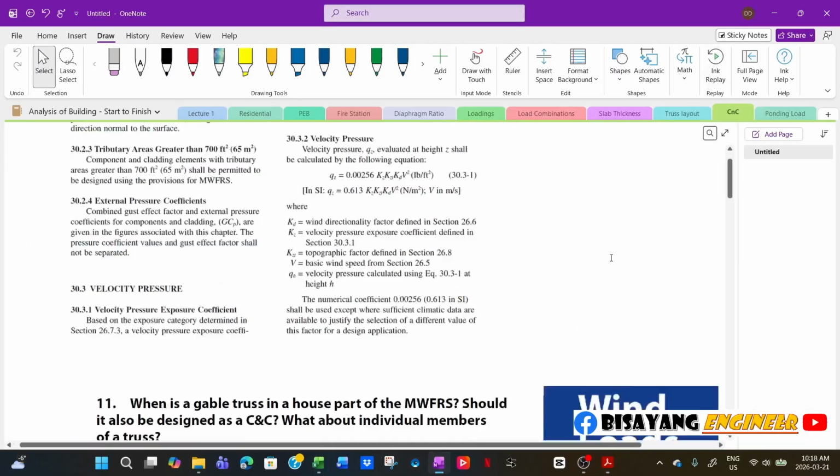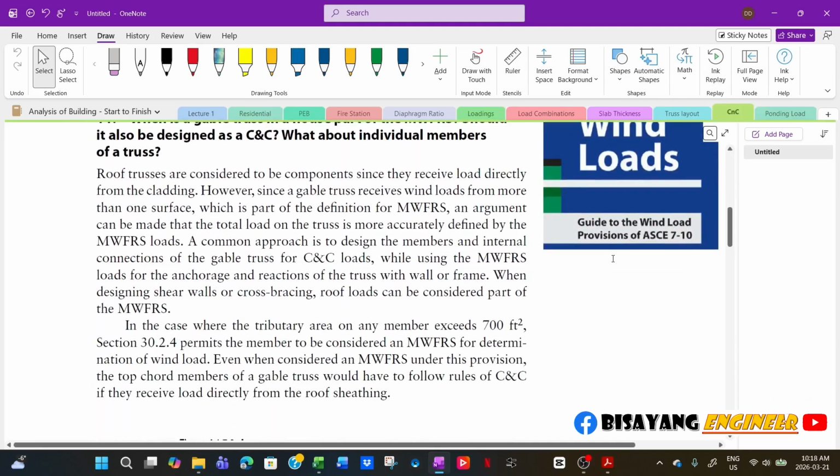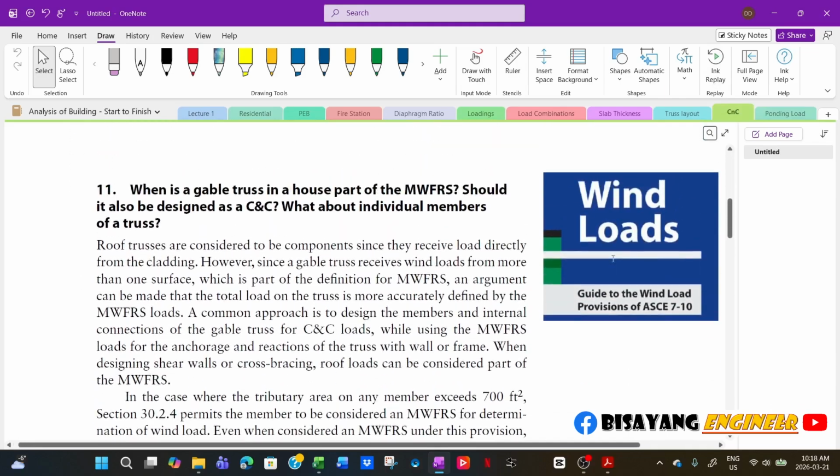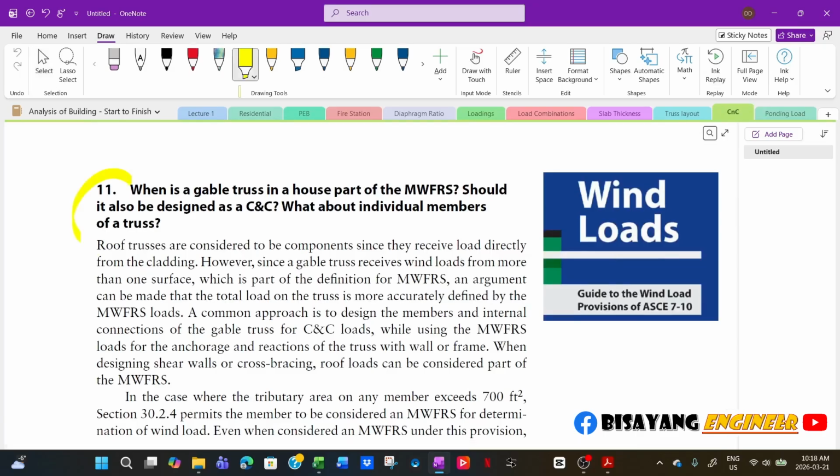So in these documents here, this is under the frequently asked questions. This is found in the guide to the wind load provisions of ASCE 7. I don't know about others, this is a really old version.